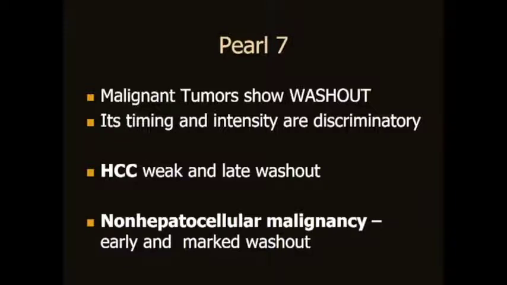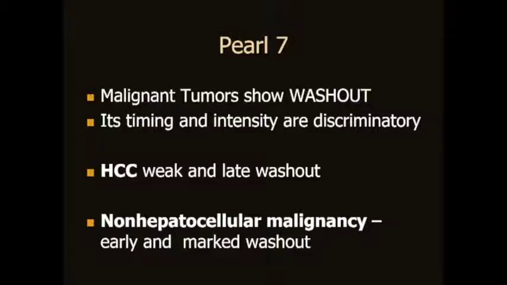So what about pearl number 7? Well, so malignant tumors show washout. We've been discussing that. And so the timing and the intensity of the washout are discriminatory on CEUS. So on MR and CT scan, we tend to document the presence of washout. And on CEUS, we want to document the presence of washout, its timing, and its intensity.